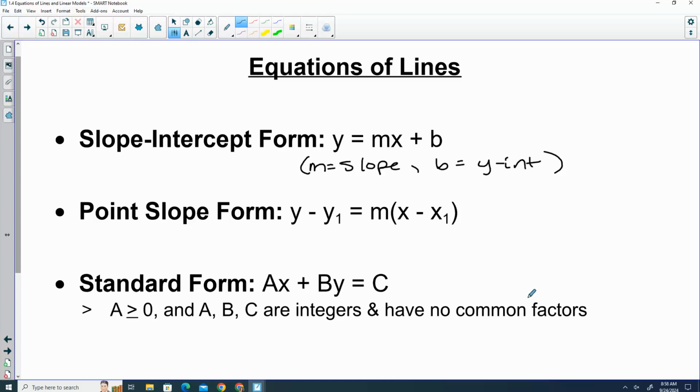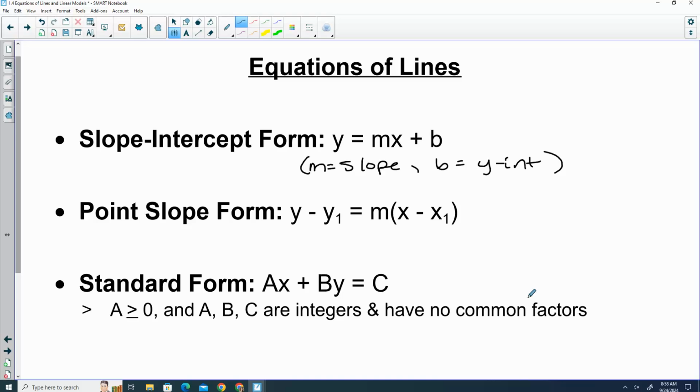Okay, so we've seen that one. Point slope form: y minus y1 equals m times x minus x1. So what does m still represent? Slope. What's x1, y1? Well, what's the name of this formula?